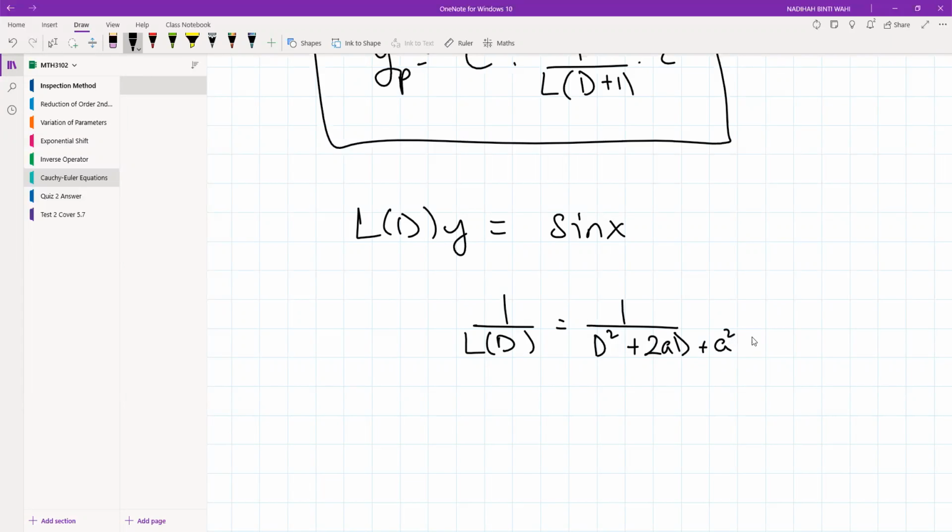So yang ni maksudnya dalam case D plus 1 kuasa 2 lah.